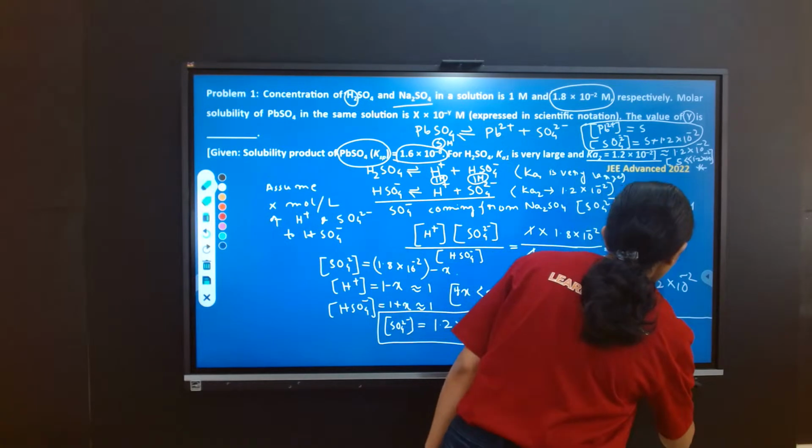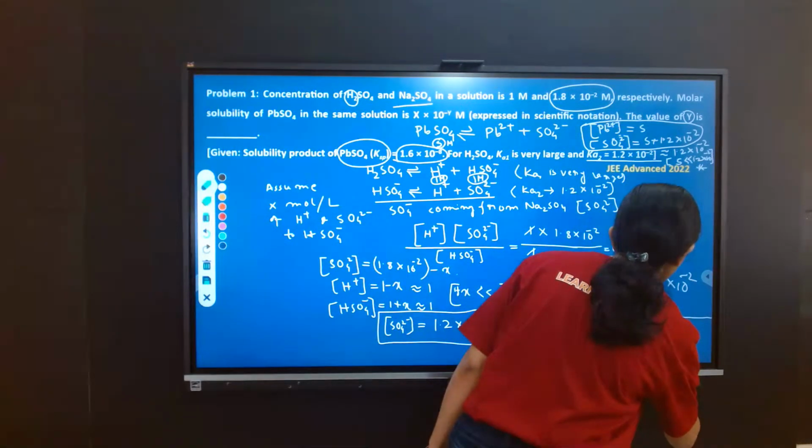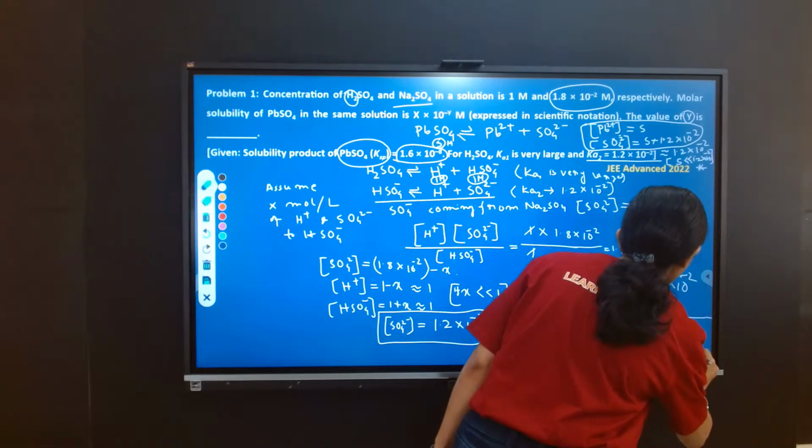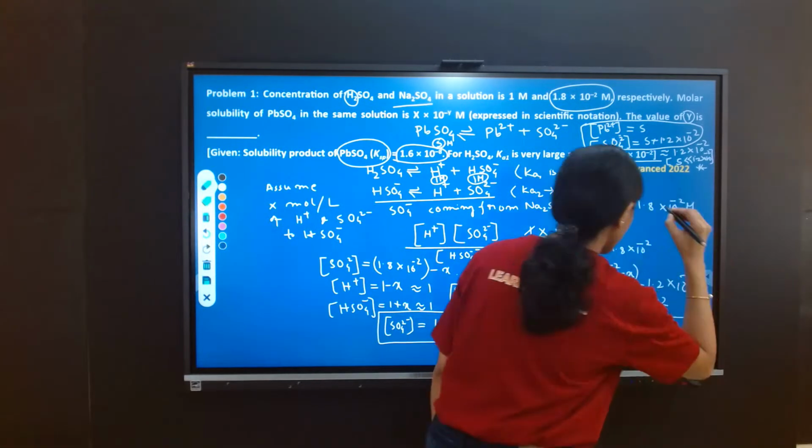Now if you solve, you will get 1.33 times 10 to the power minus 6.